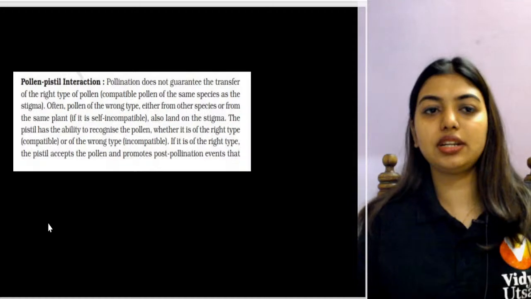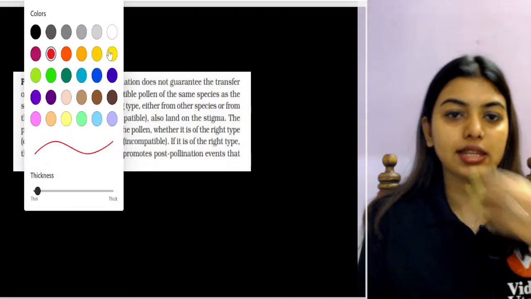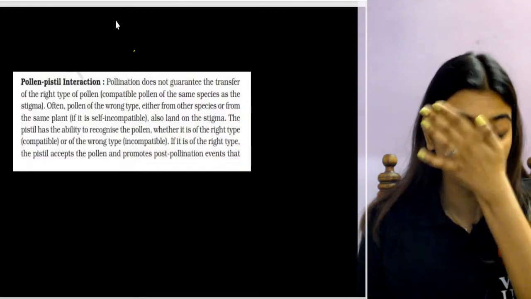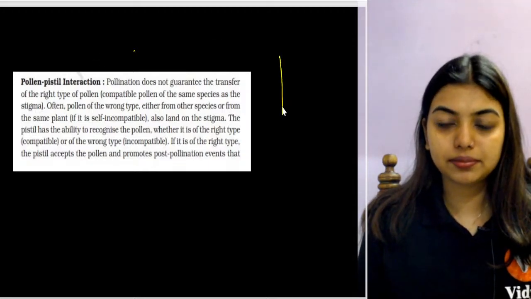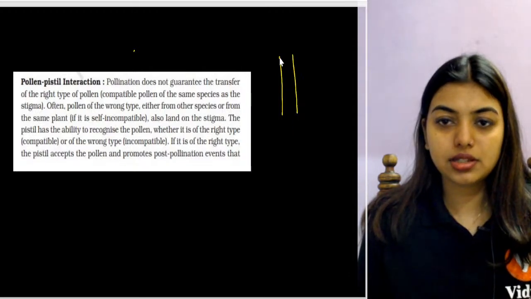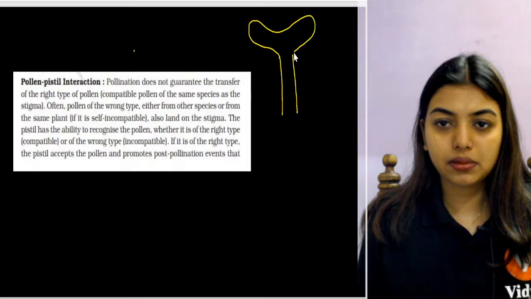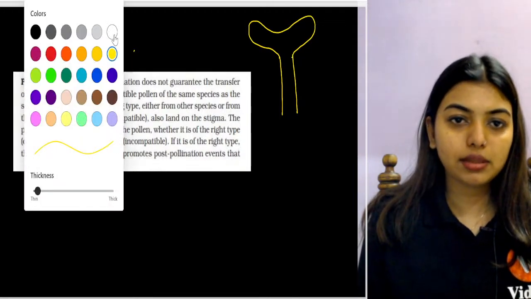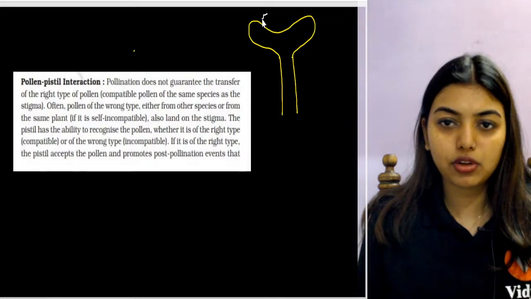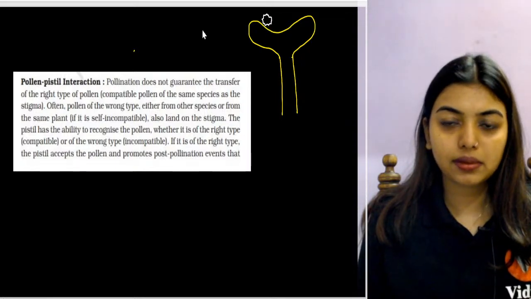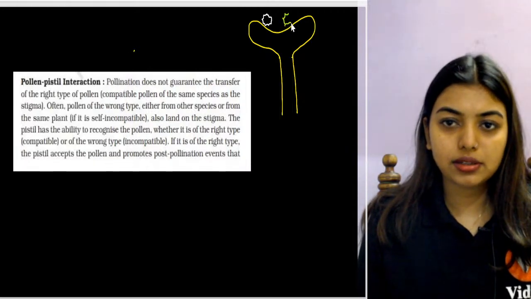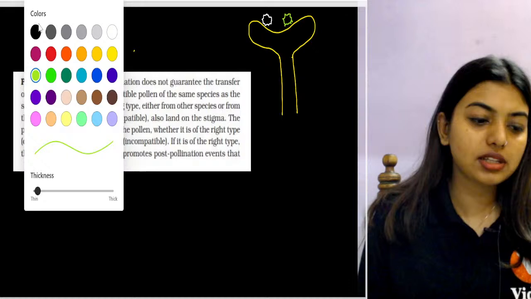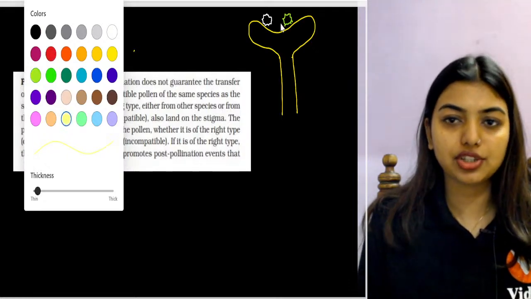Now pollen pistil interaction. See, one of the steps that this stigma told was self-incompatibility. Now what is going to happen, students? This is the stigma. The moment the pollen grains come and fall on the stigma, different pollen grains, remember, I had taught you this with the example of marriage.